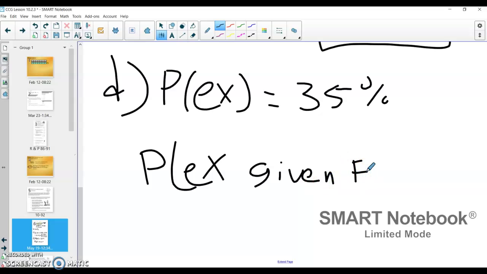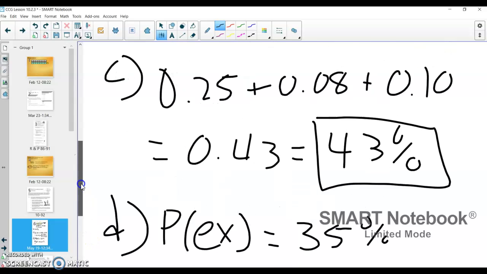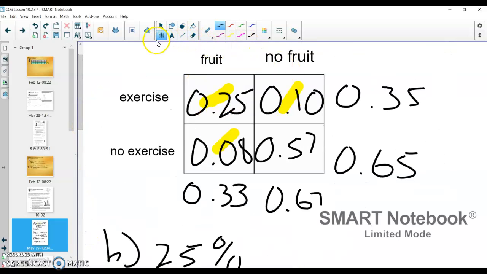fruit? I'm just going to put an F for fruit. All right. Remember how this always changes, because now that we're given fruit, and I'm going to use my highlighter again, different color this time, our sample size changed. We're just going to focus on this and this, which means our new sample space is really out of 0.33 and not out of 100.